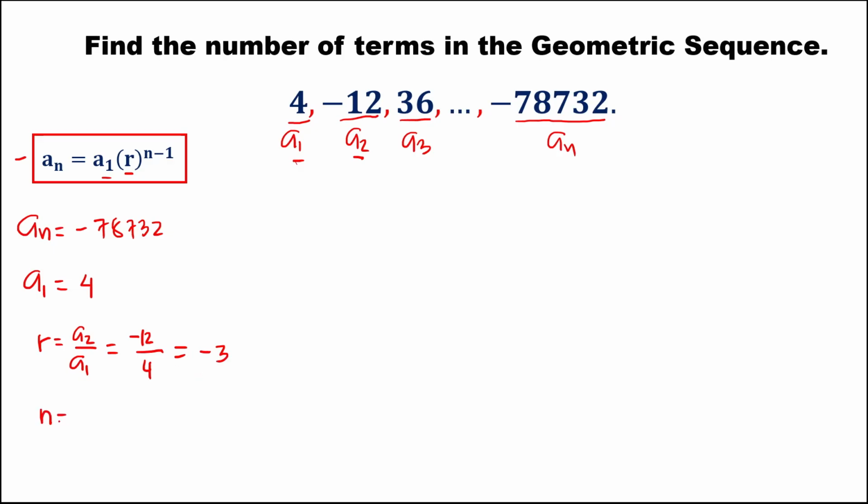Then n is the number of terms. Since we're looking for the number of terms, n is the unknown.